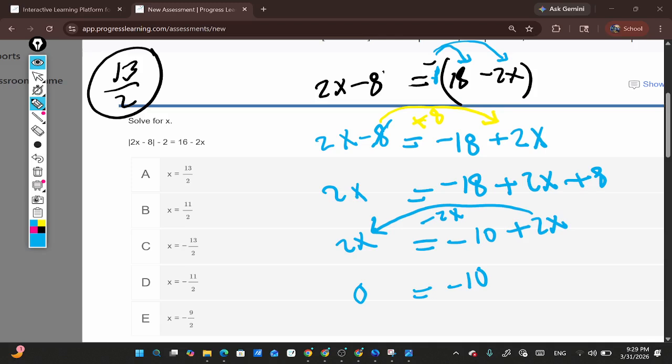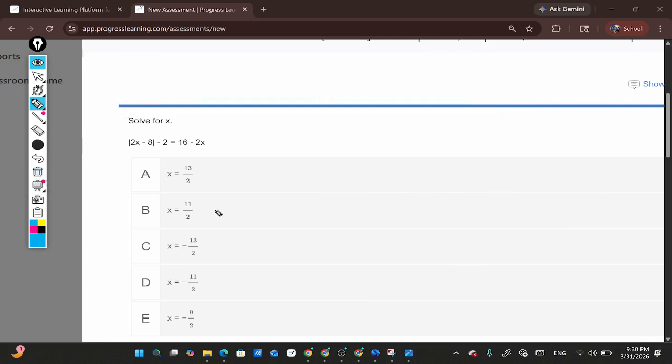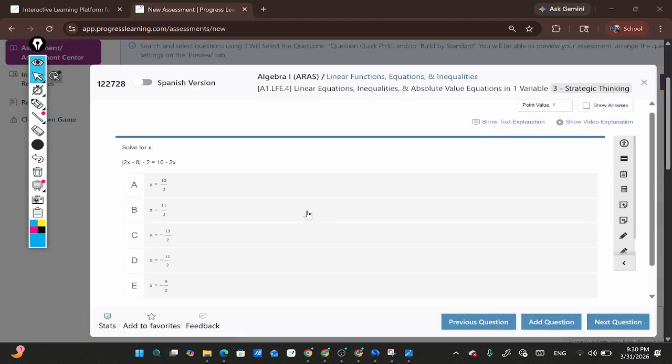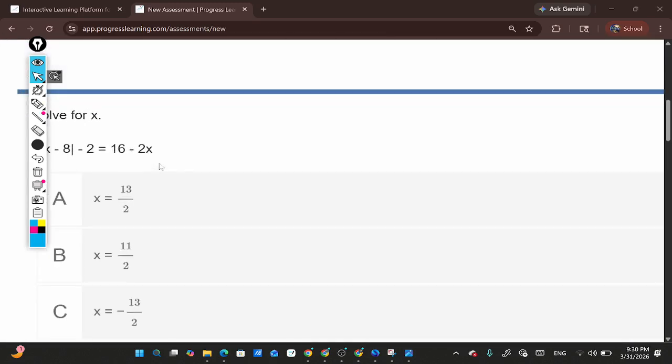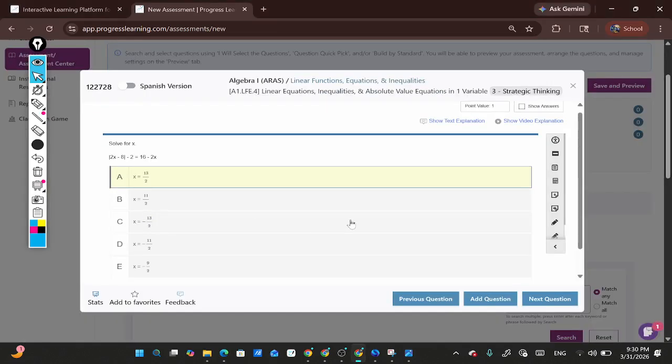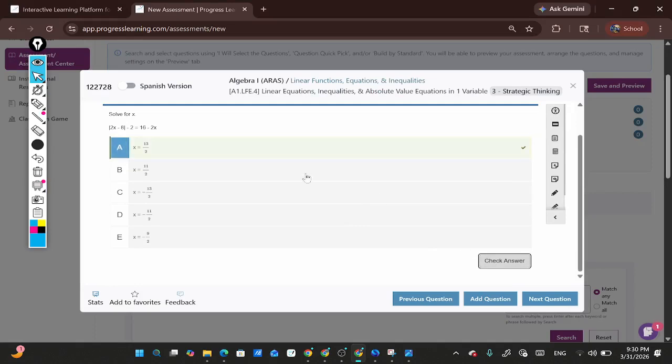So the solution will be just 13 over 2 in this example. Let us check now the answer and see if this is the right answer. The right answer is 13 over 2. If we check that, we can find this is the right answer. Let us check negative 13 over 2. It's not right. So the only right answer is 13 over 2.